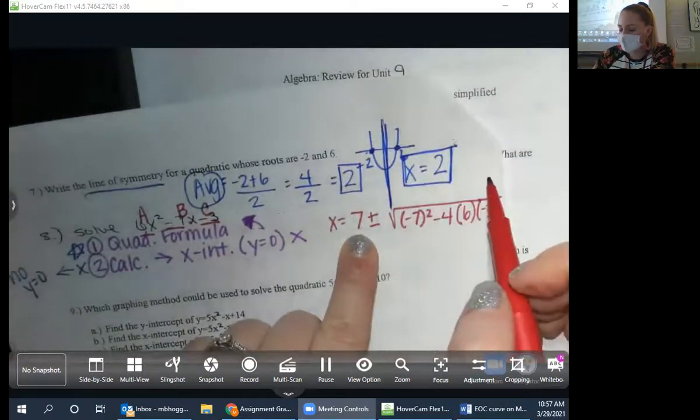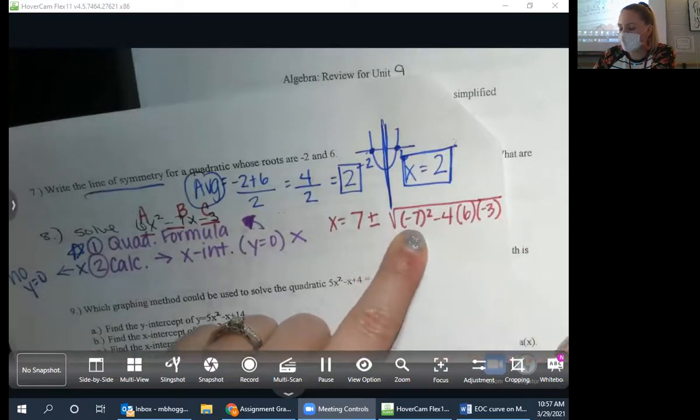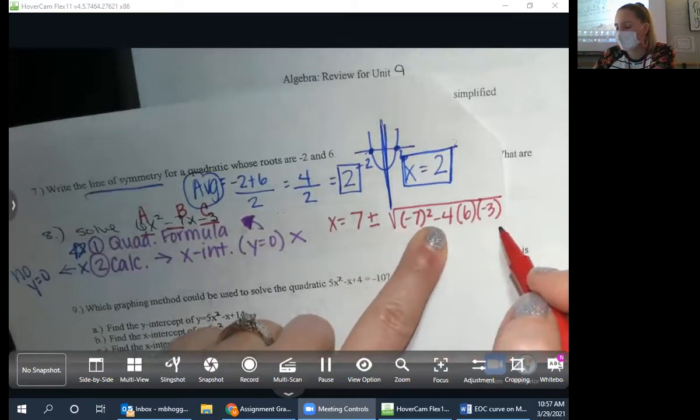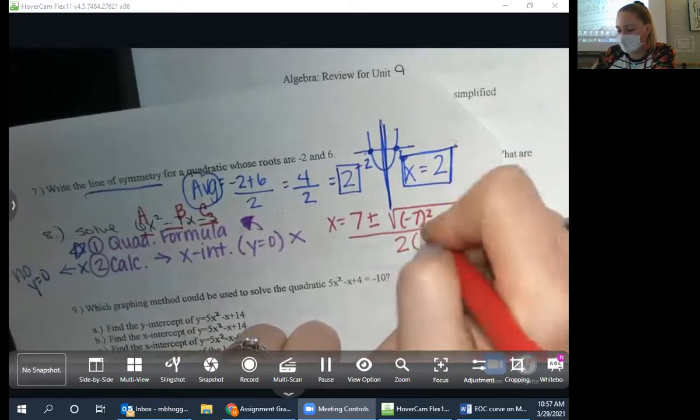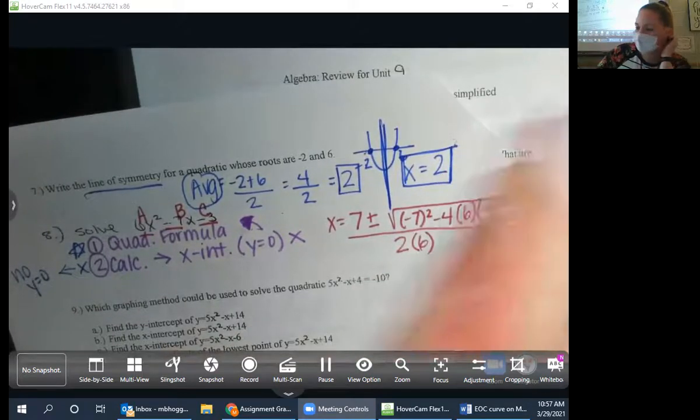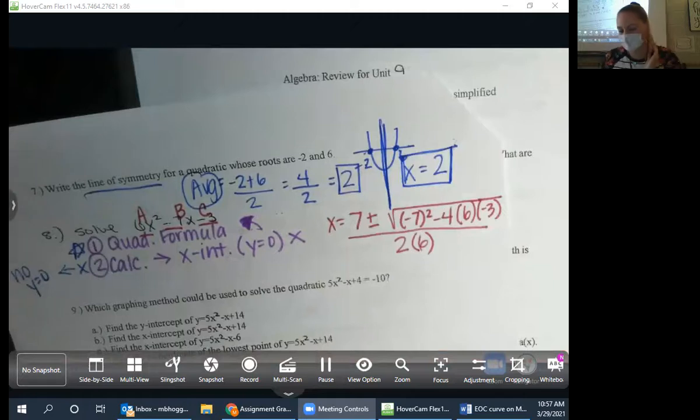X equals -b plus or minus the square root of b squared minus 4ac, all over 2a, 2 times 6. Make sure you write that down.